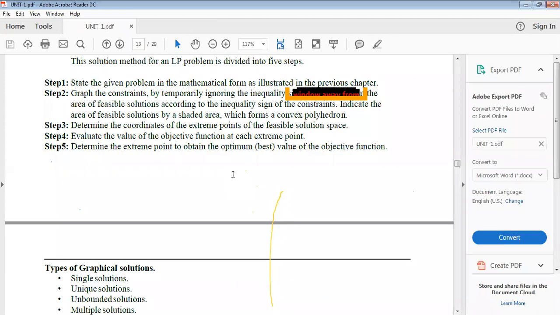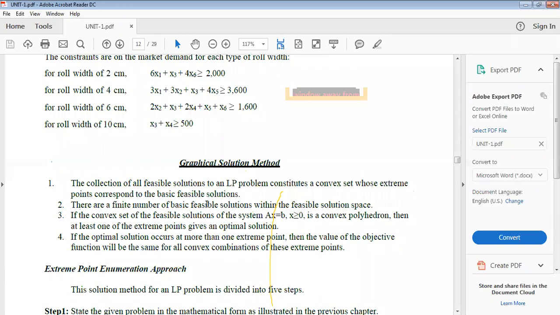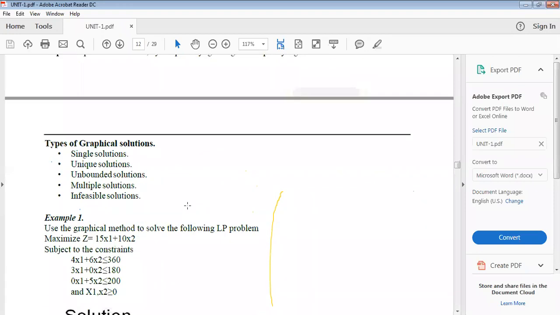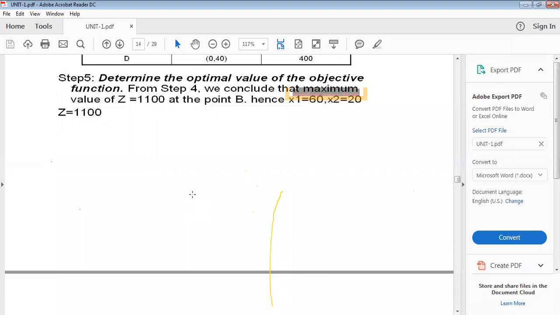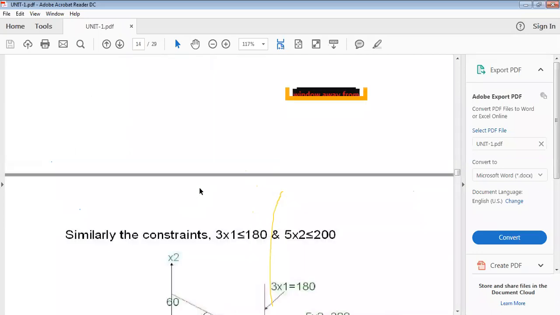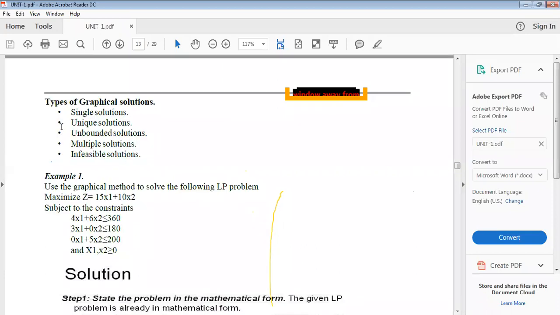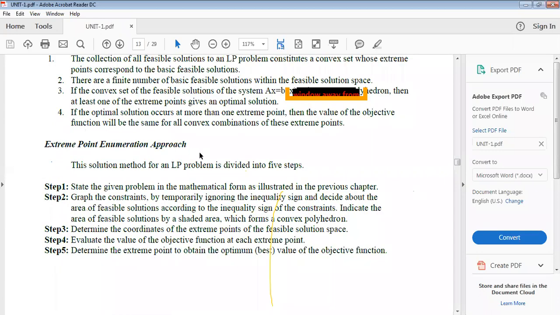Tomorrow I am winding up this particular class, and anyhow you have to go to the next class. From tomorrow onwards we'll deal with the graphical solution and other solutions. They're very interesting, and you have to solve them on graph paper. The graphical solution uses the extreme point enumeration approach.